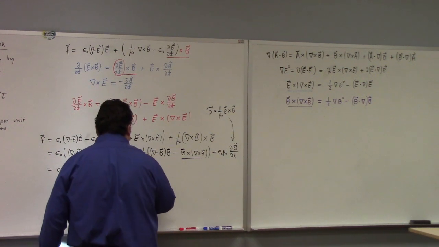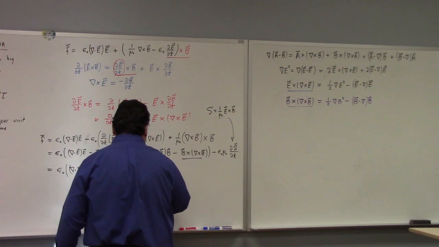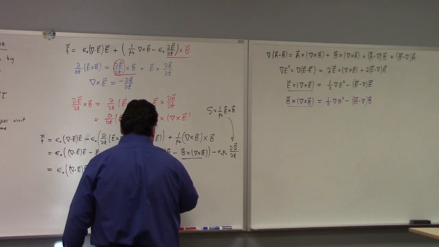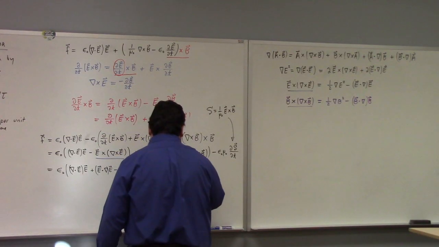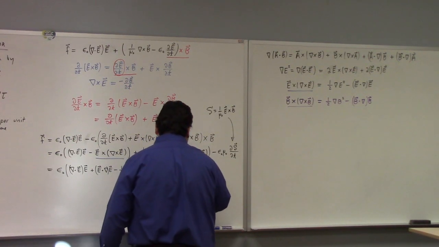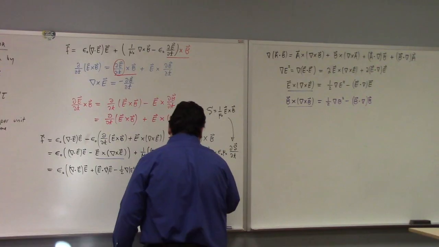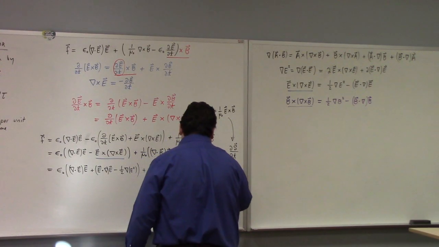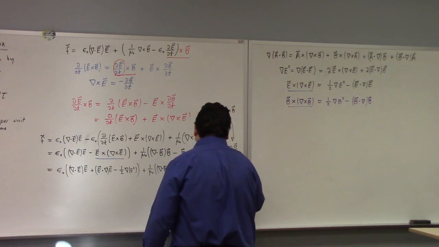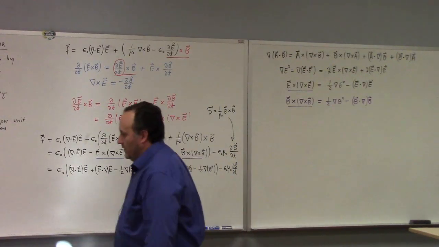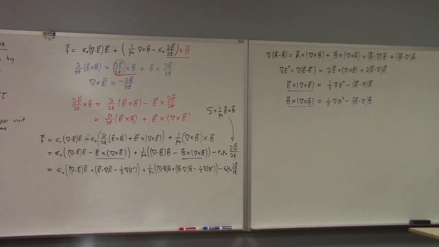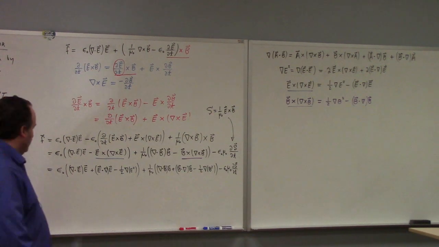And then over here we've got 1 over mu naught, divergence of B times B plus B dot nabla times B minus 1/2 nabla B squared, and then close parentheses minus epsilon naught mu naught partial S partial T. Great. There it be.